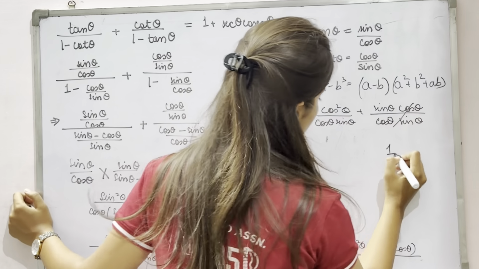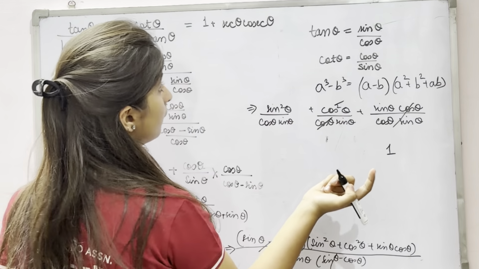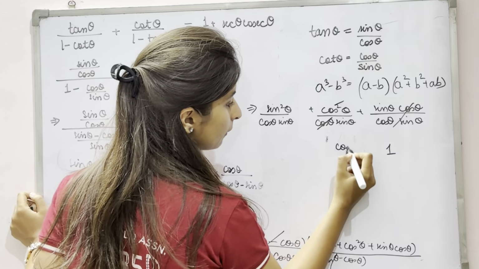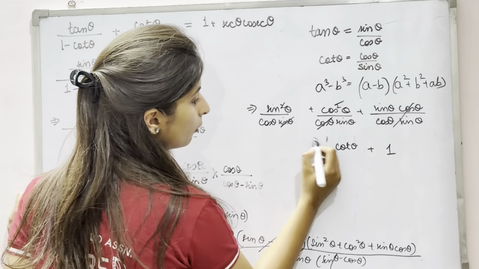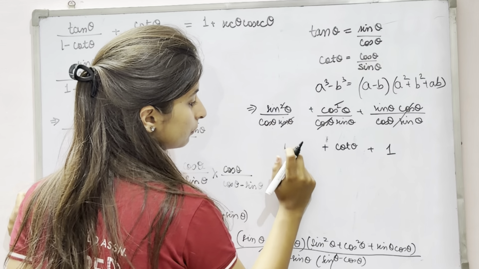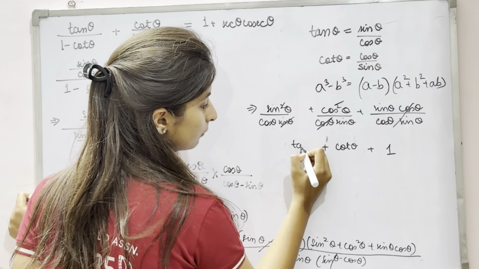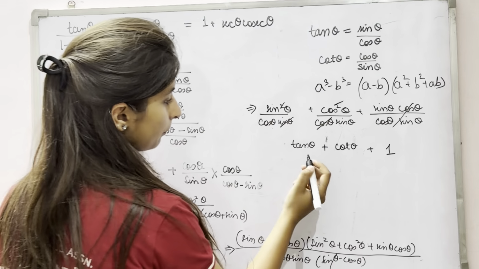This gives me 1. This gives me cos upon sin. What is cos upon sin? Cot theta. This and this get cancelled. Sin upon cos is tan theta. So tan theta plus cot theta plus 1.